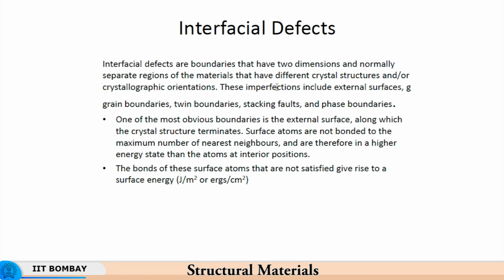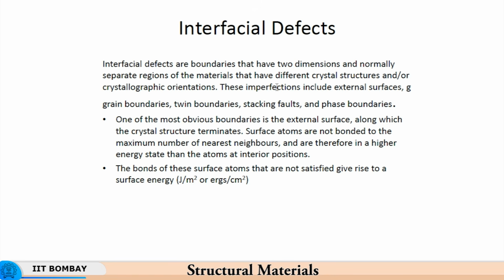They would be occupying states of higher energy, and that's why they can get easily corroded or attacked by corrosive elements or moisture, oxygen, any other gases like hydrogen sulfide. So the bonds of these surface atoms are not satisfied.